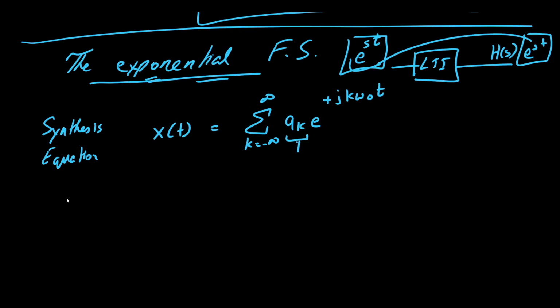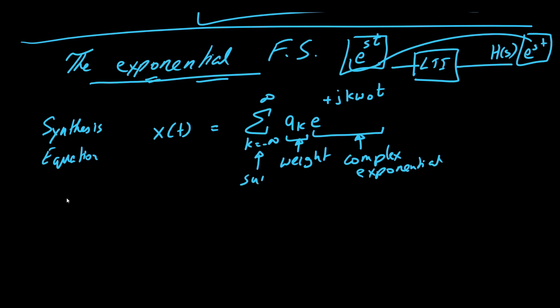Again, ak is the weight, and this is the complex exponential, and we have a weighted sum of complex exponentials. Omega naught is the fundamental angular frequency, k is the relevant harmonic. So this was the synthesis expression.